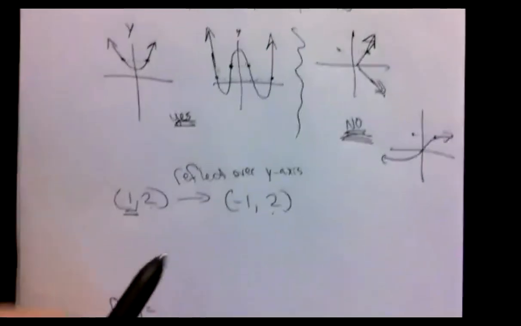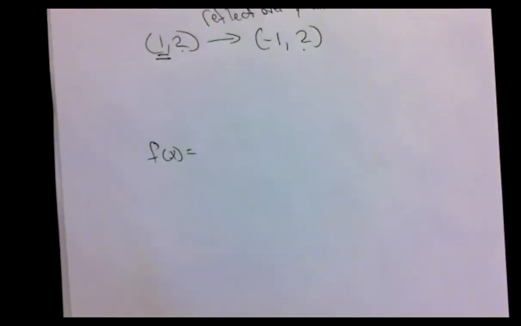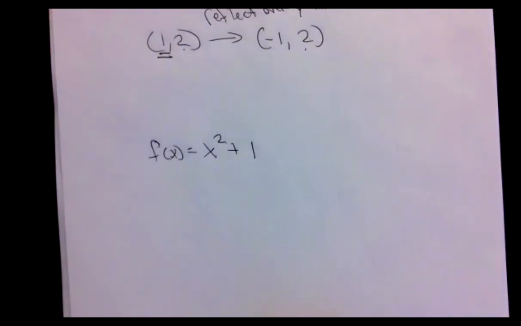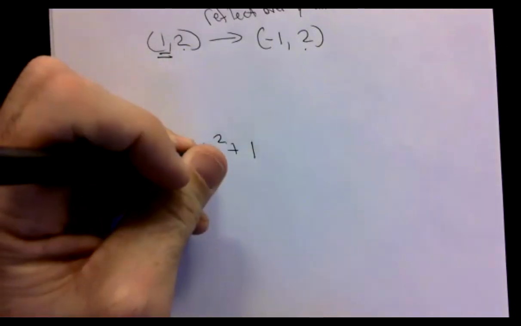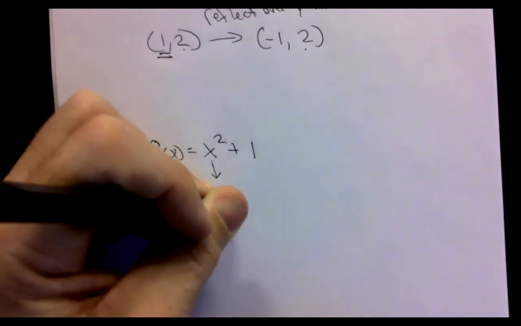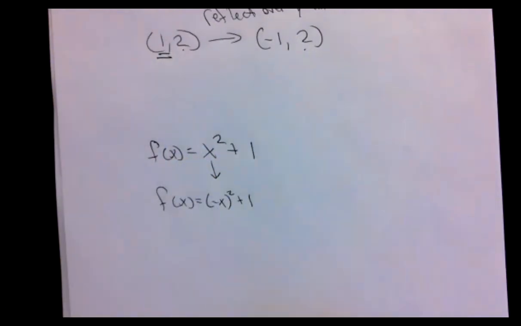Okay, and the same way with your functions. If they give you a function, if I can replace x with negative x, and I still get the same function, then it has symmetry with respect to y. So again, it's completely inverted from the other.